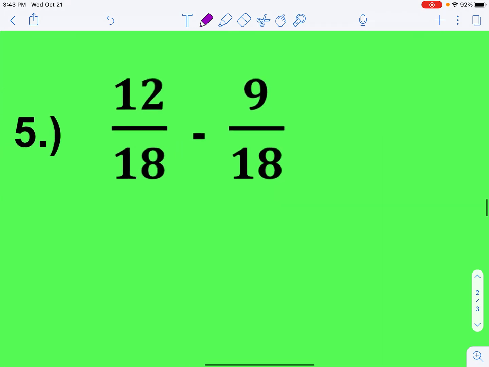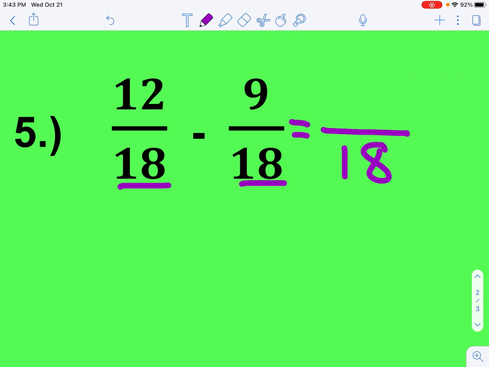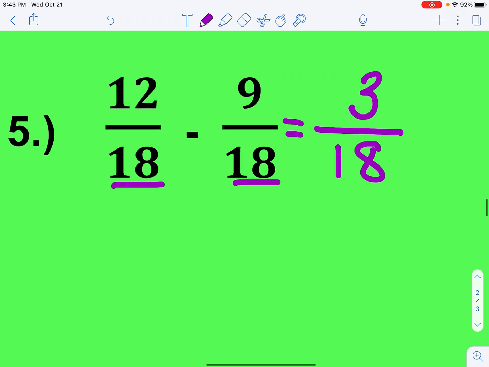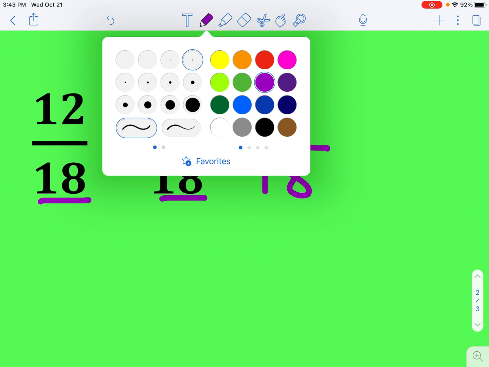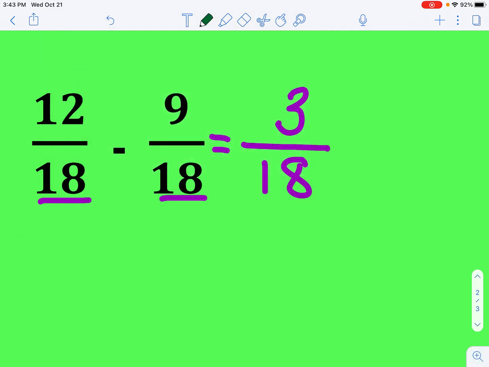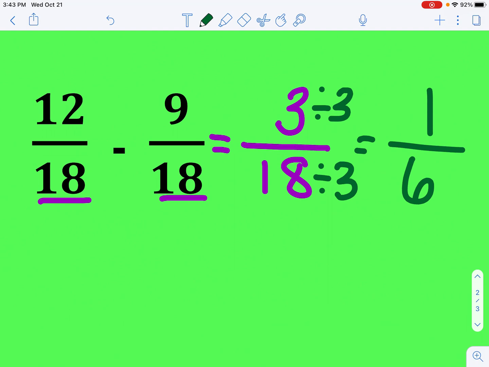Alright, number 5. 12 over 18 minus 9 over 18. I notice my denominators are the same, so I subtract. 12 minus 9 gives me 3, and my denominator is 18. Now I know I can simplify this, and both of these numbers are divisible by 3, so I'm going to divide by 3. 3 divided by 3 is 1. 18 divided by 3 is 6.